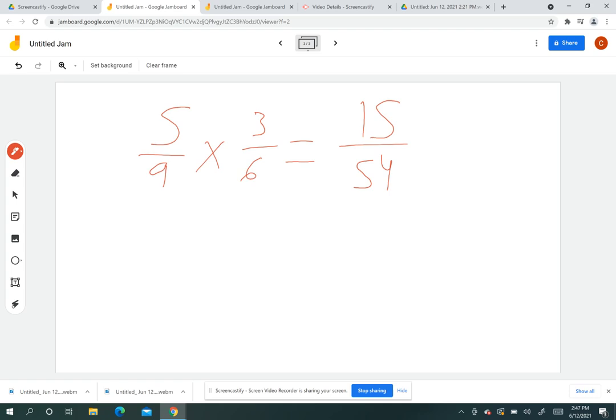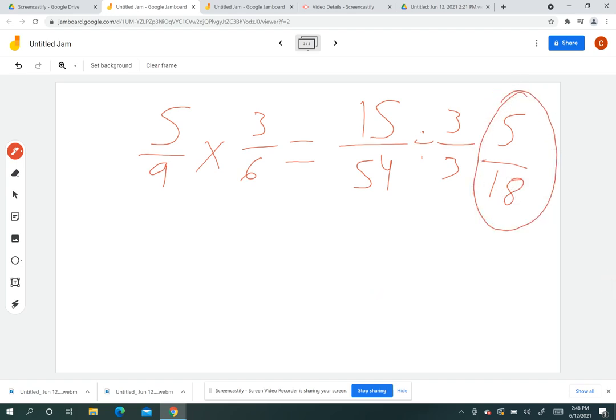So we're going to simplify this because I know 15 can be divided by 3, so can 54. So what I'm going to do is 15 divided by 3 is 5, and then 54 divided by 3 gives us a simple number. Does anyone know what 54 divided by 3 is? I'm actually curious. If you know what it is, tell me in the chat. 54 divided by 3 is 18.